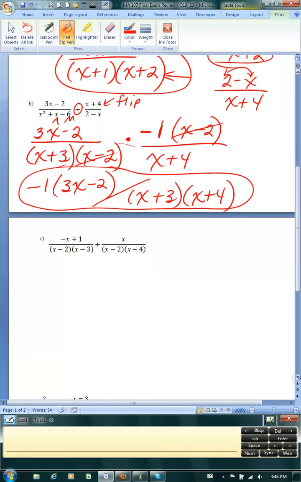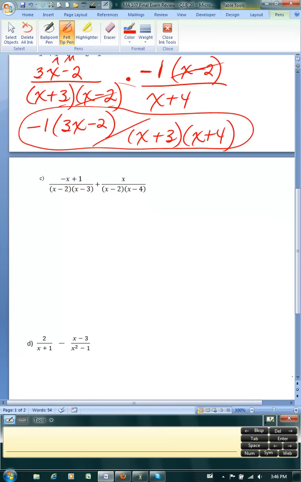All right, the next one we are adding and then subtracting two rational expressions. When I add or subtract fractional polynomials, I have to make sure that I have a least common denominator.